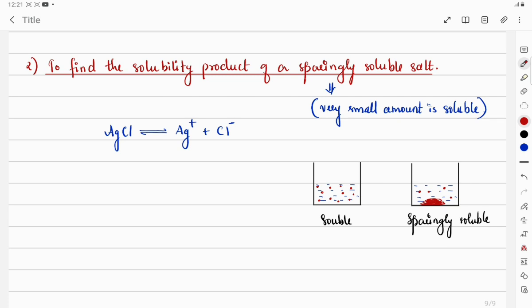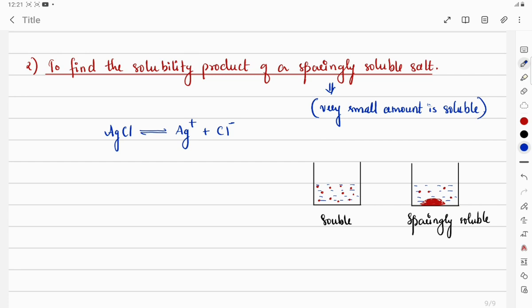So you see that the concentration of AgCl did not change much by giving only some amount of Ag+ and Cl minus into the solution or into the solvent. After some time of adding the salt into the solution, this system will be in equilibrium. Now if I try to write the equilibrium reaction, it will look like this: AgCl in equilibrium with Ag+ and Cl minus.